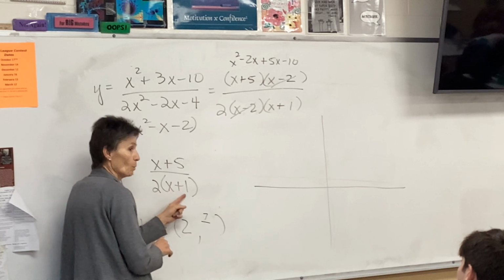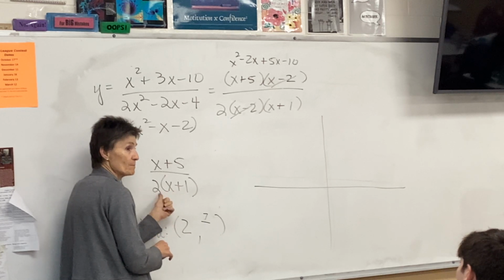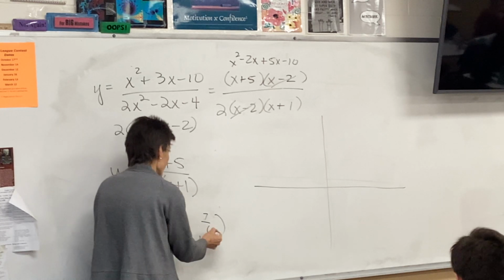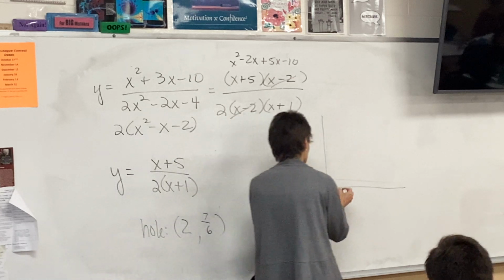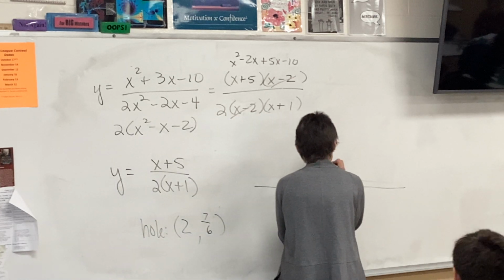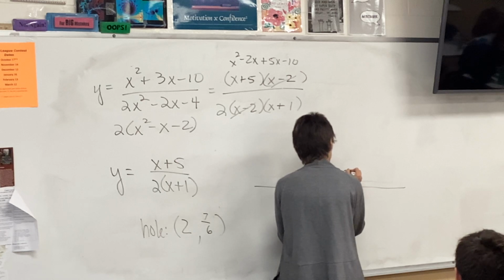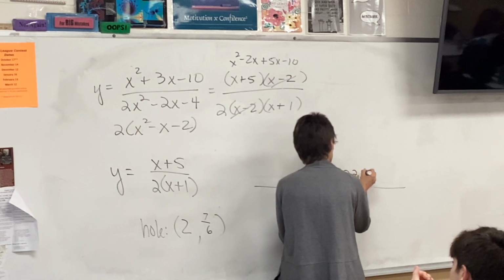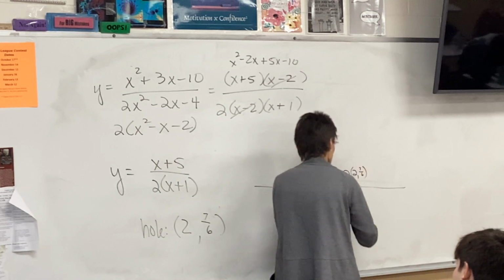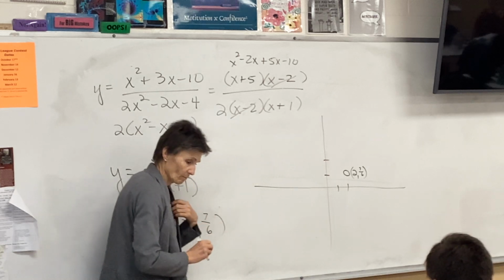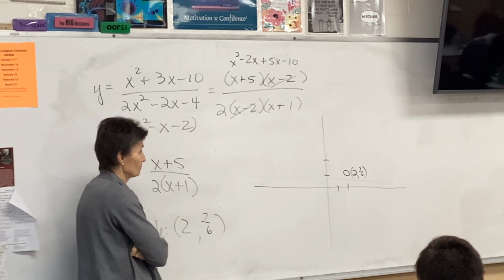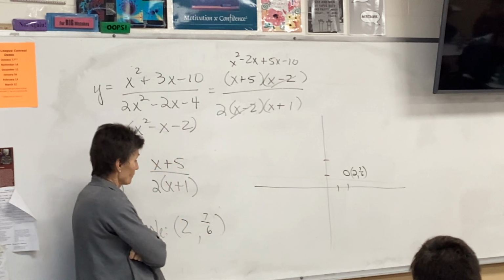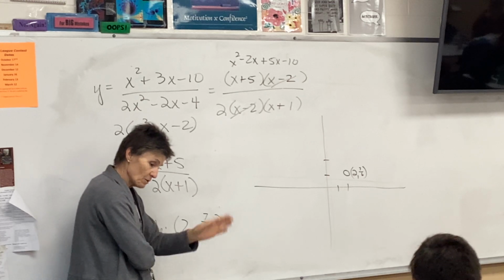Now 2 plus 1 is 3 times 2 is 6, so 7 sixths. 2 comma 7 sixths. So remember, 7 sixths is 1 and a sixth. Put it in there somewhere like that.